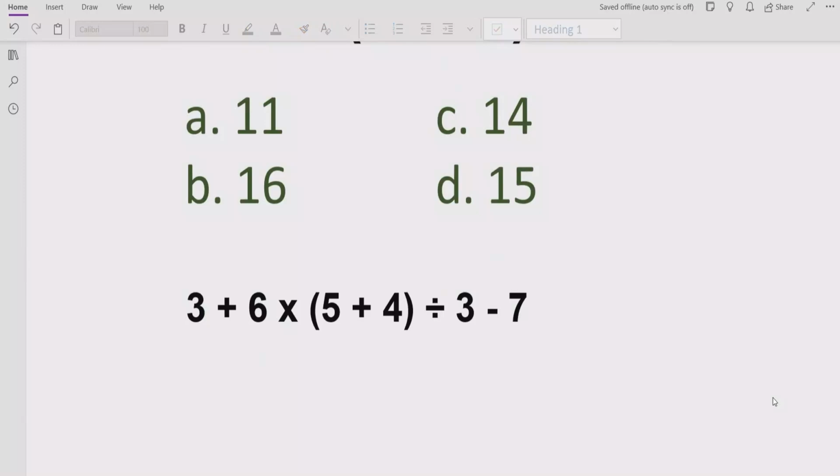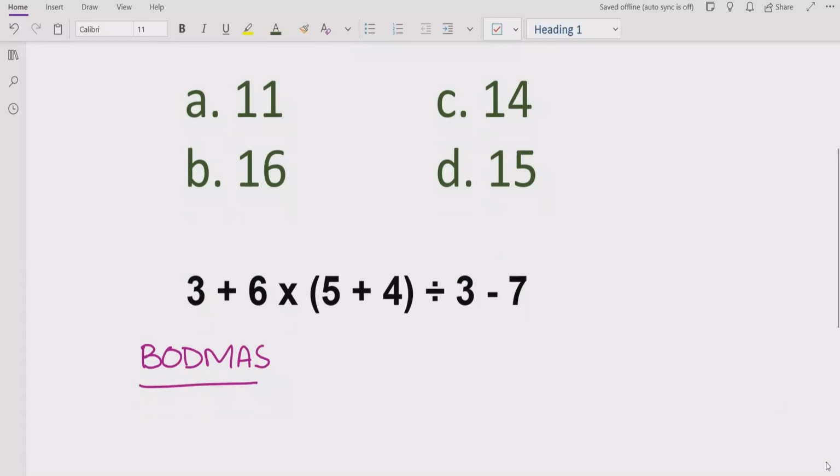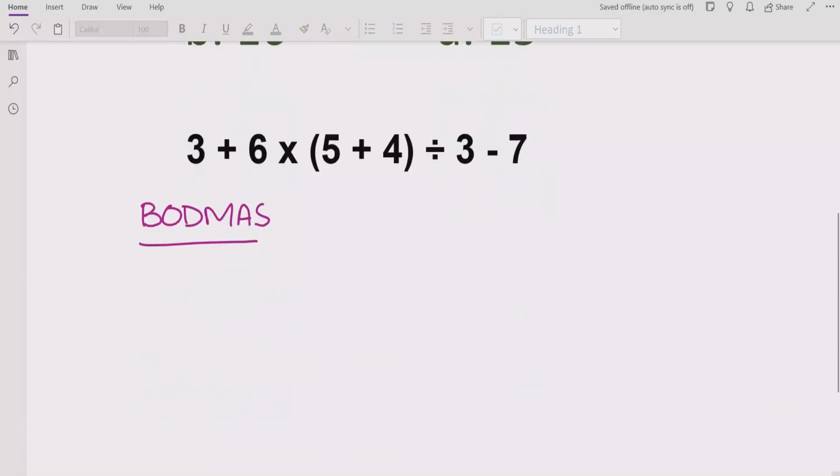Before starting this part, we have to know the BODMAS rule. So what is the meaning?